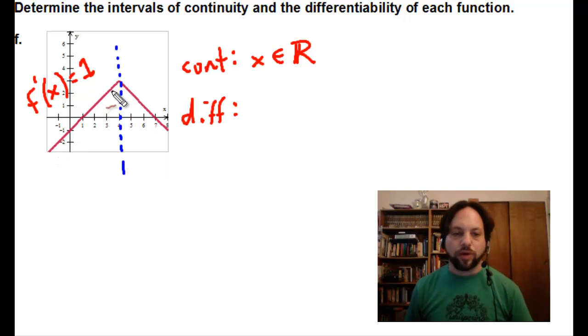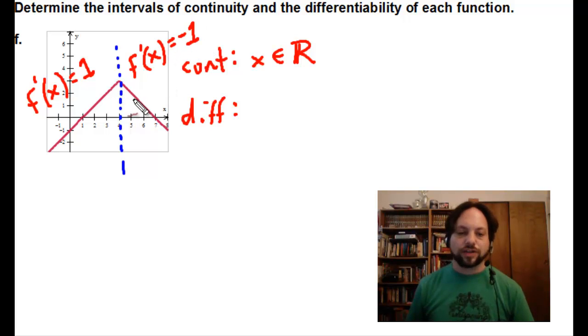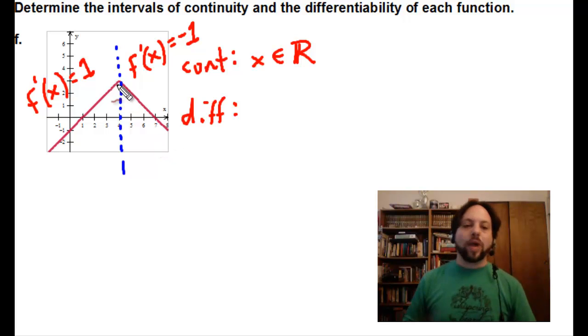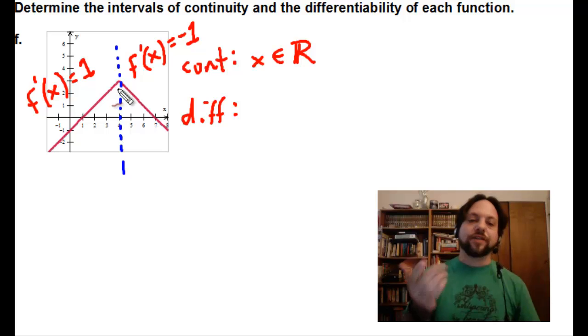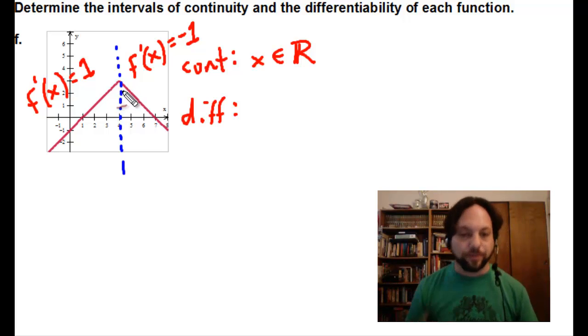There is a slope of 1 as we go here. However, the derivative on this interval from 4 to infinity appears to be negative 1. The function is going down now. So what happens at 4? Well, the limit of the derivative from the left is not equal to the limit of the derivative from the right.